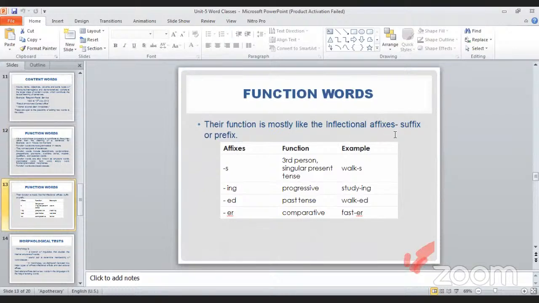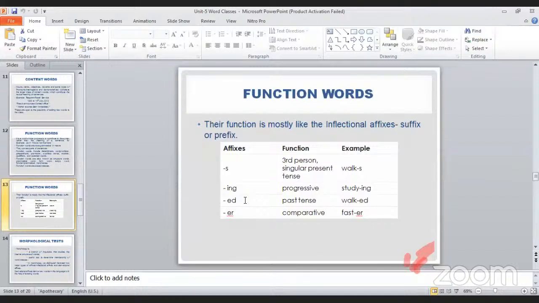Their function is mostly like the inflectional affixes, suffixes or prefixes. Now what are suffix and prefix? A prefix is something we use before the word. For example, prepone. You must have heard this. As students, we must be aware of this word. In our school days, when an exam is to be conducted, suddenly they say it is preponed.